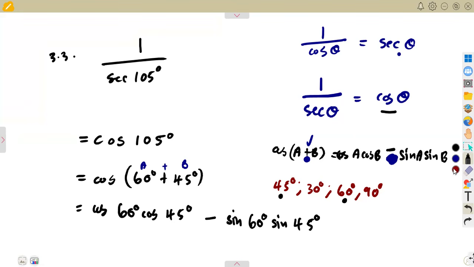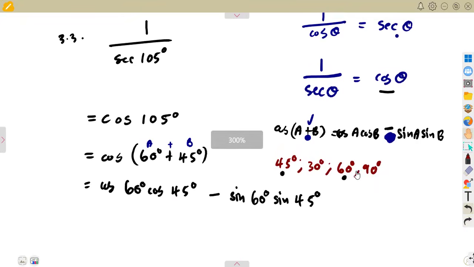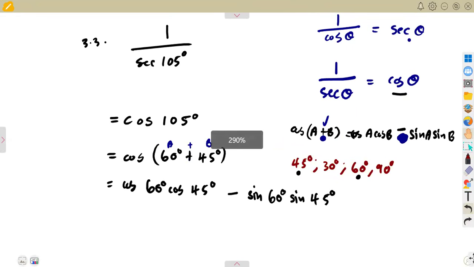Guys, these cos 60, cos 45, sin 60, someone knows these values by head. They don't need those triangles. These are values that you're even supposed to know by head. That's why you call them special angles. So even if you do not know that, you go back to those triangles or you just use a calculator.